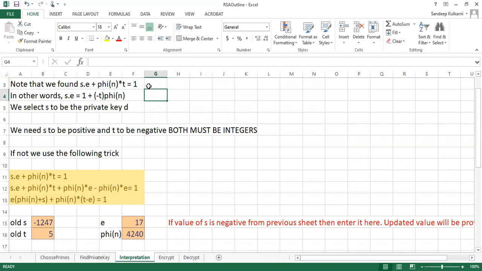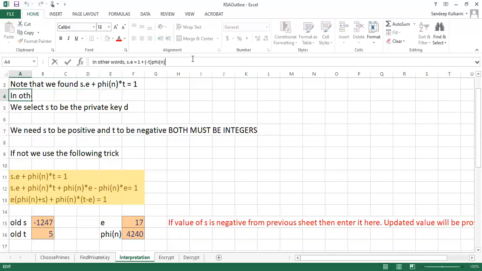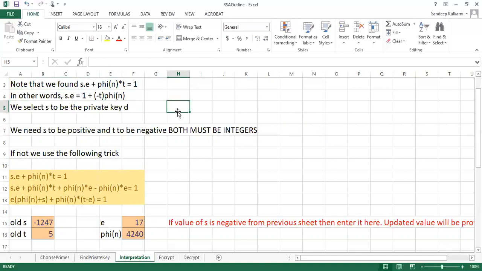So that means I can write s times e is equal to 1 minus t times phi of n. We are going to select s as our private key, and we have talked about why s is the private key in other modules, so I'm not going to go over this.